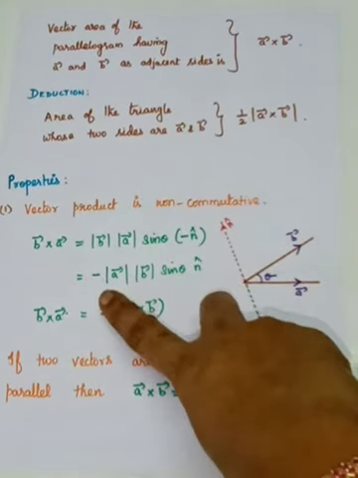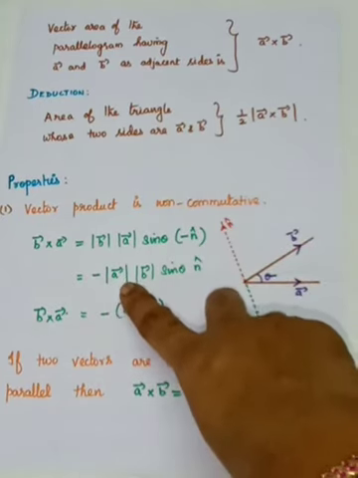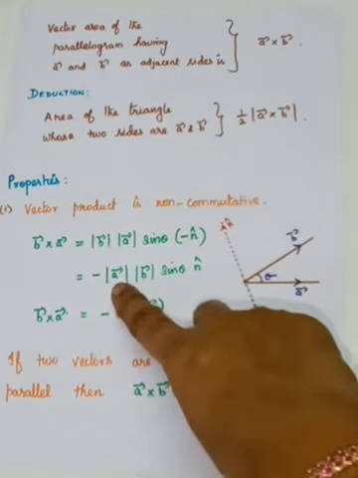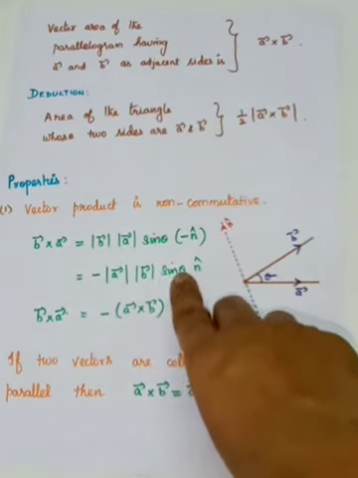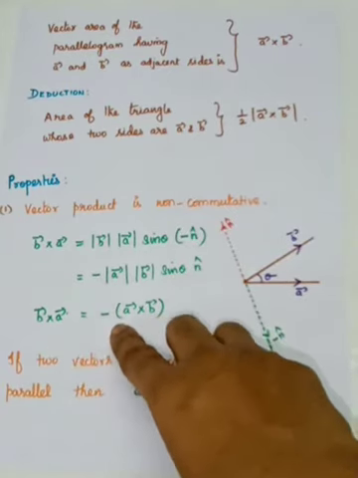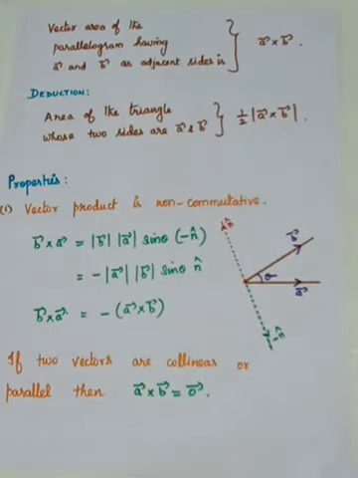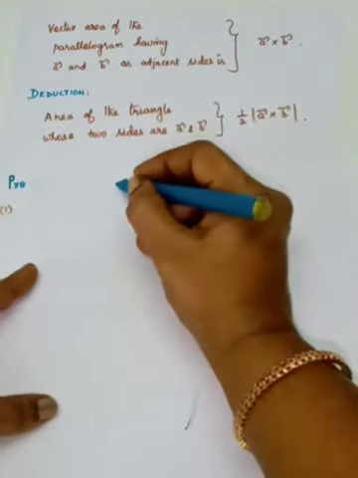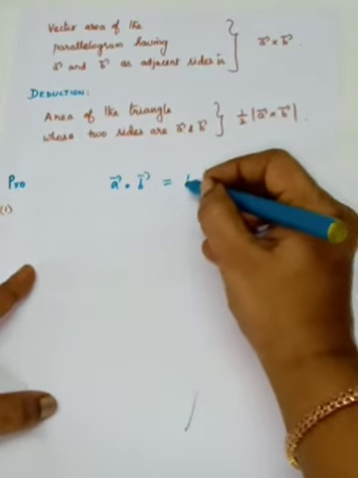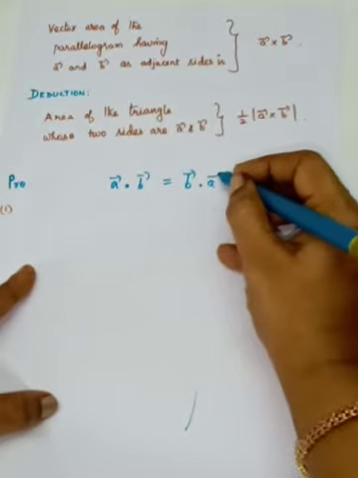If you write the minus in front, it is modulus of A vector, modulus of B vector, sine theta n cap. So B vector cross A vector is minus A vector cross B vector. In the dot product, you can write A vector dot B vector equal to B vector dot A vector.